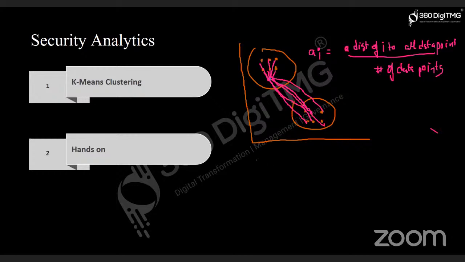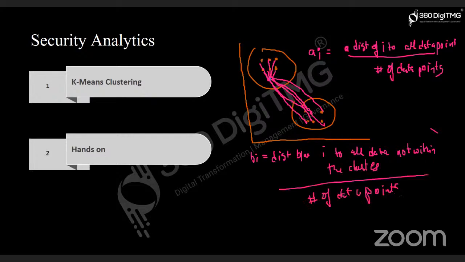So this is your B of I. Distance between I to all data points not within the cluster, divided by number of data points not within the cluster. Obviously, you will not divide it by the total number of data points.